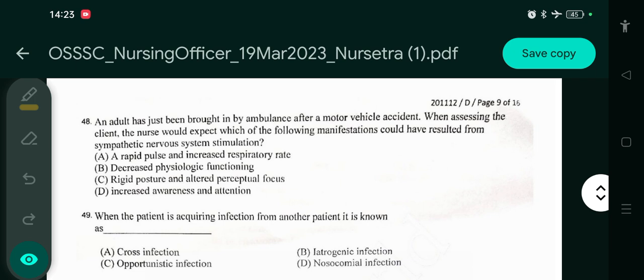These are the fight and flight actions. So here option A is correct. Rapid pulse, increased respiratory rate and increased heart rate is the correct answer. Decreased physiological function is not a symptom of stimulating the sympathetic nervous system. Options B, C, D are incorrect. Option A is correct.